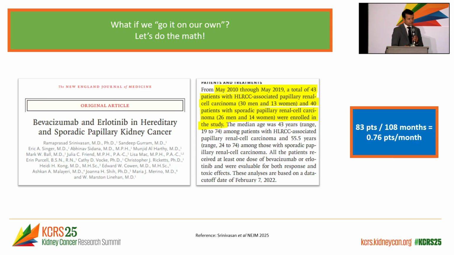I pulled from the methods the fact that this trial, which included a total of 83 patients, enrolled from May of 2010 to May of 2019. That's 108 months. So if we do the math on this clinical trial, 83 divided by 108 is 0.76 patients per month. That's far too slow for us to achieve answers in the context of randomized studies.